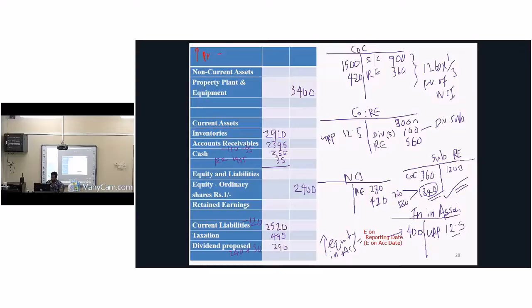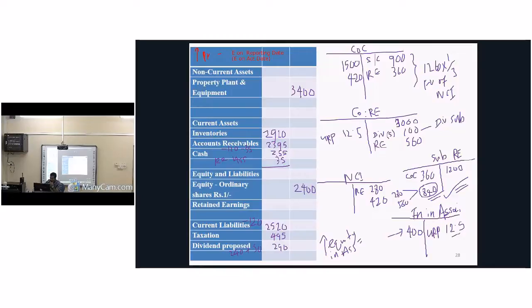I wrote a formula there: equity on the reporting date minus equity on the acquisition date. That is the increase in share of profit from associate.